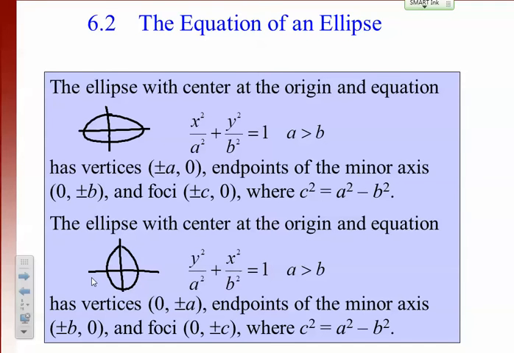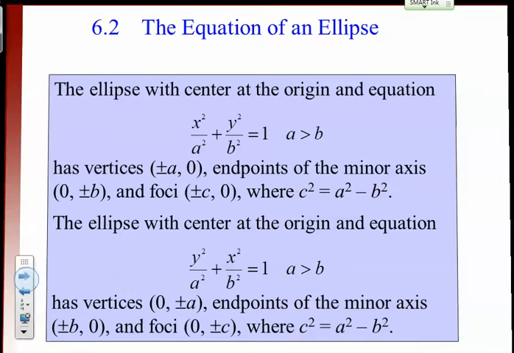And A is always greater than B on both of these equations. And the other relationship between C, A, and B is this: C squared equals A squared minus B squared. That's the same whether the ellipse has a major vertical axis or a major horizontal axis. The same relationship holds true.